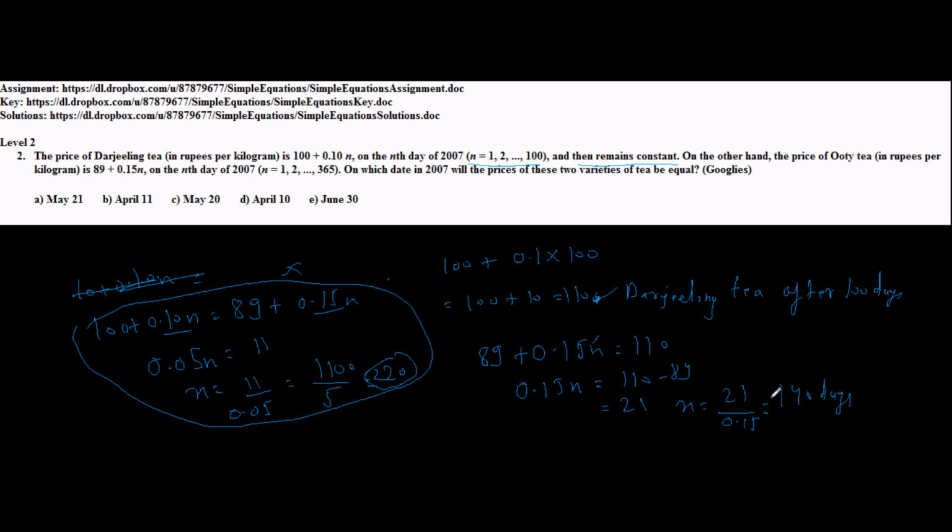So when n equal to 140 days, so at 140th day, Ooty and Darjeeling tea price are same. Now in 2007, it's a non-leap year. 140th day will fall on May 20.